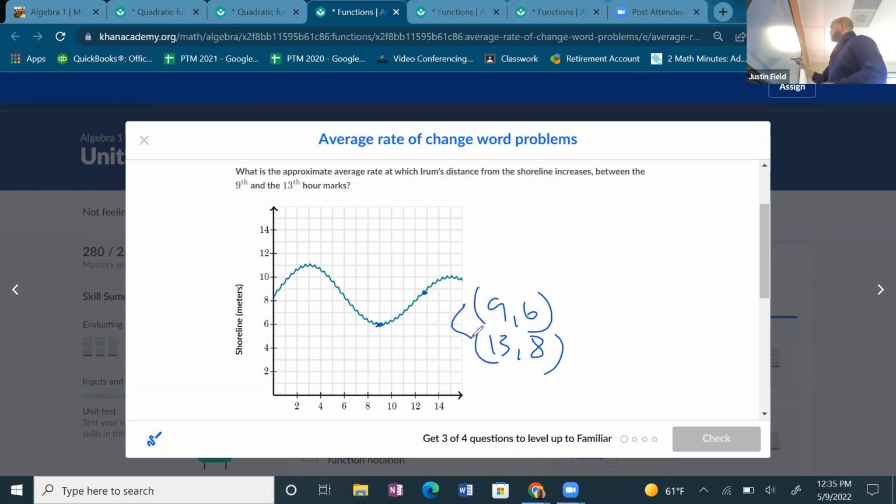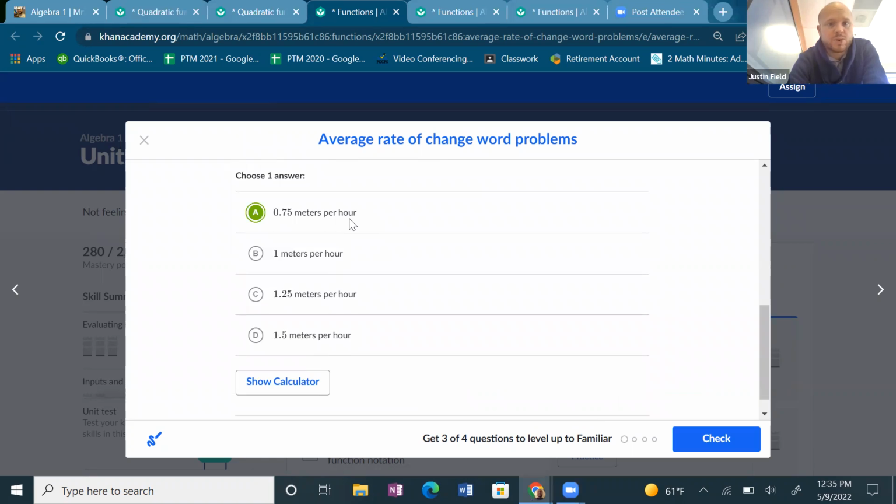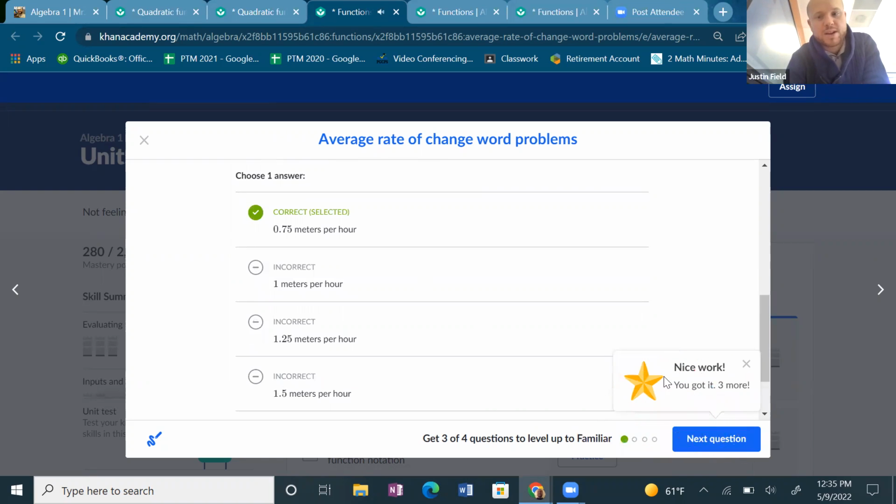So the change in x is increasing by 4, and the y is increasing by 2. So 2 over 4 or 1/2 or 0.5. So let's see, do any of our choices match 1/2 or 0.5? 0.75 is the closest one, and that's what we got. So my numbers might have been off, but I knew it wasn't more than 1.